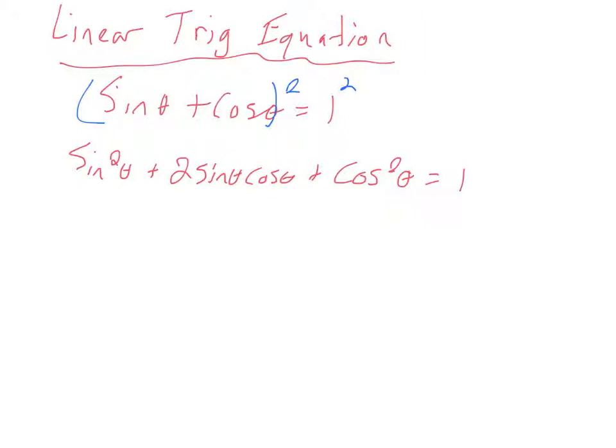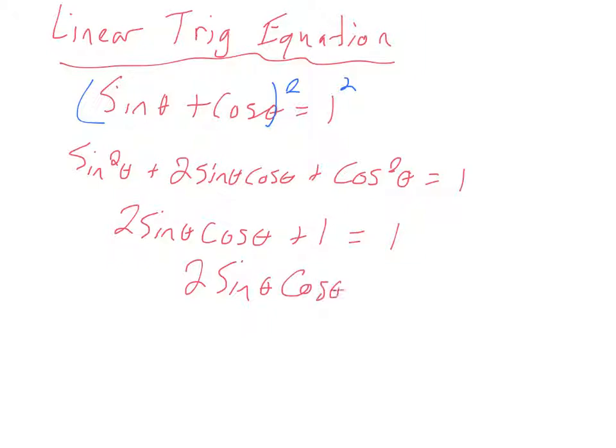The outer and the inner terms combine to give me 2 sine theta cosine theta. Now there's some definite identities we can apply here. What's sine squared theta plus cosine squared theta? Always equal to 1. So we really have 2 sine theta cosine theta equals 0, right?